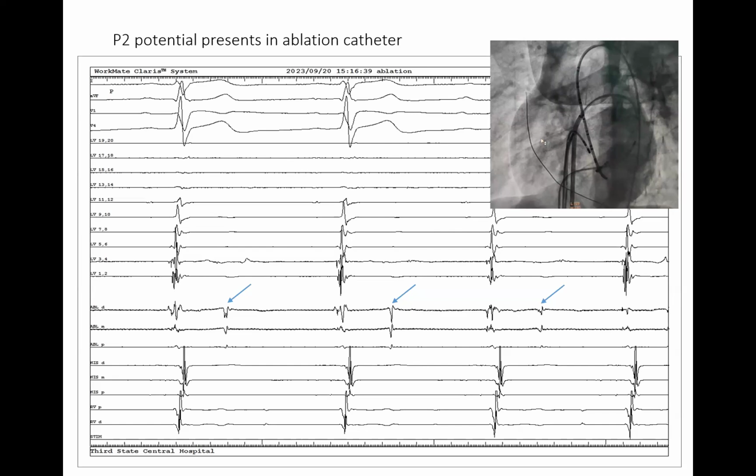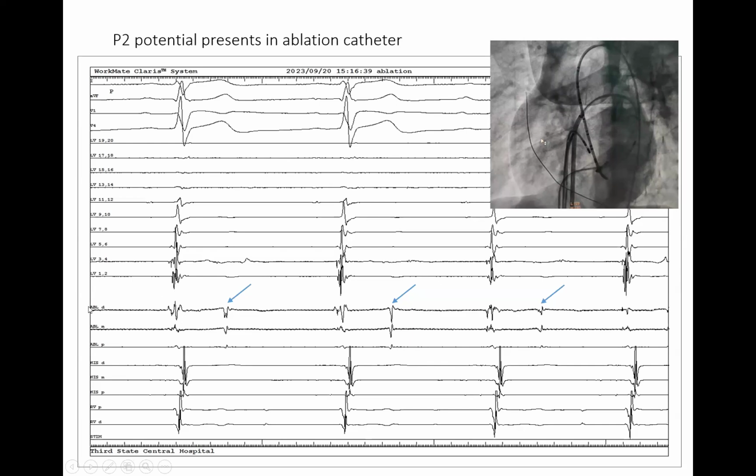That's why the doctors suggested a more stable site from the transseptal approach. So we made a transseptal approach, and as you see here, our ablation catheter is making a V curve and coming out into the left ventricular septal side. And here is our left ventricular mapping catheter.